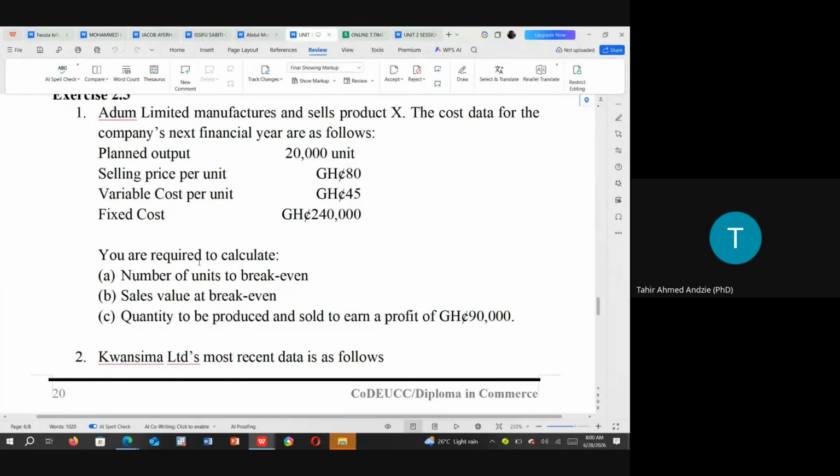So you have the units to be 6,857.14. In this case, when you divide, don't shorten it, just multiply it by the 80. So you have 6,857.14 times the 80, and that gives us what?